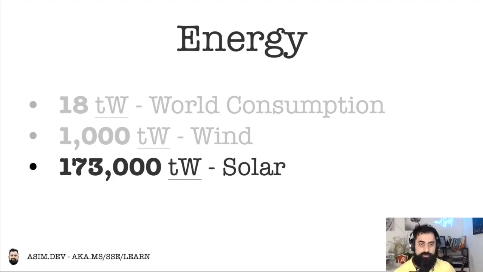So electricity is a huge problem, but it's also a huge potential solution, because look at the amount of energy we have available to us, way more than we have right now, just by moving to cleaner sources of energy. So electricity is not only a problem. It's part of our solution as well.